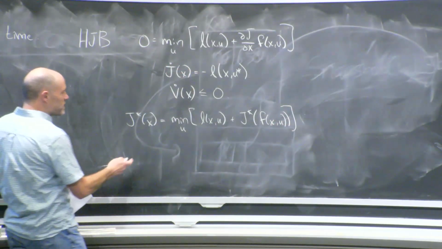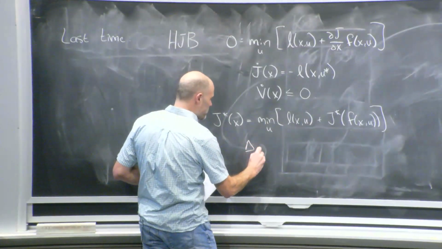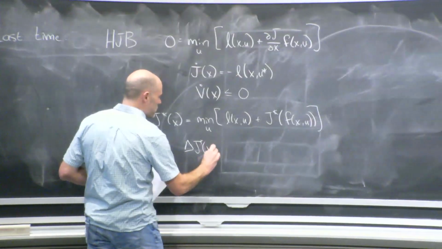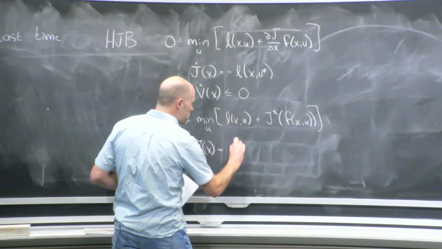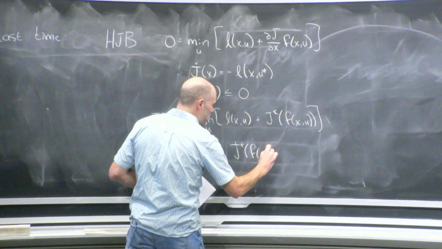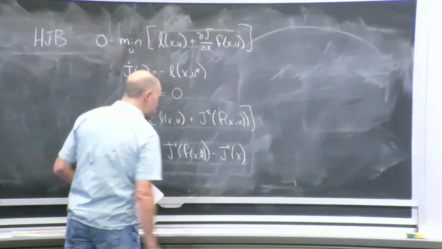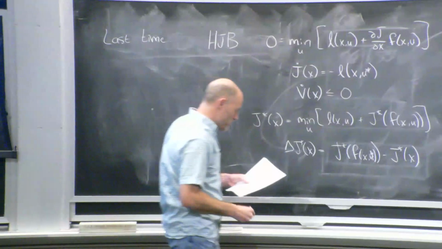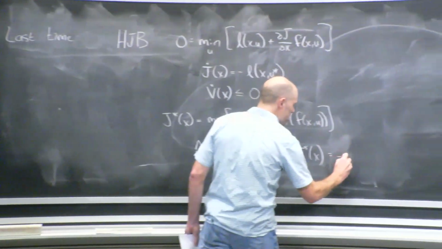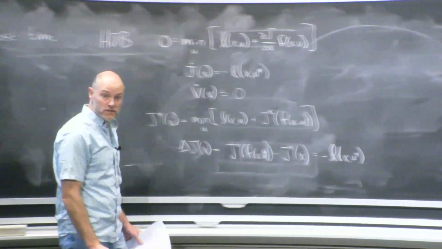Okay, and you could write this, sort of the same thinking, you could call this delta J star of x, which would be J star at the next x minus the J star at the current x. And that has to be negative L(x,u star) in the discrete time case.